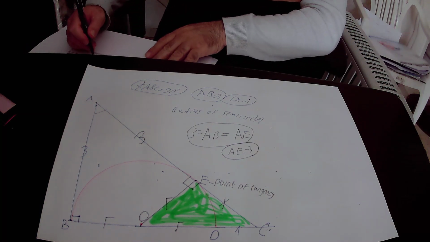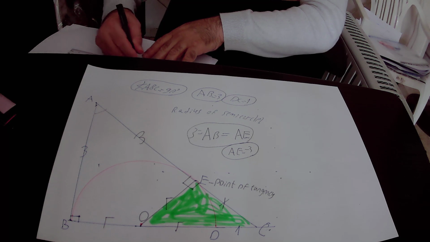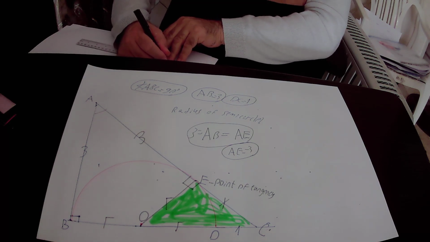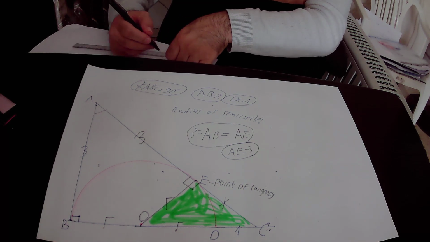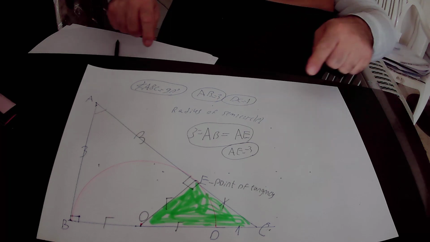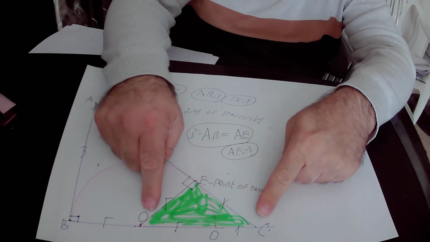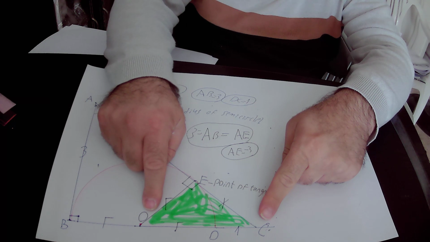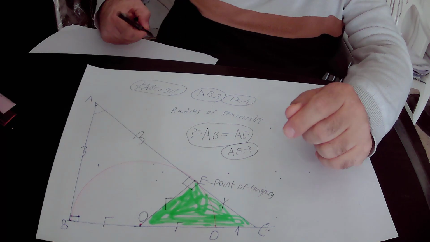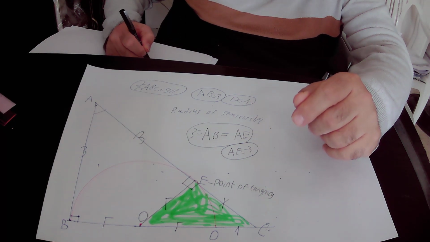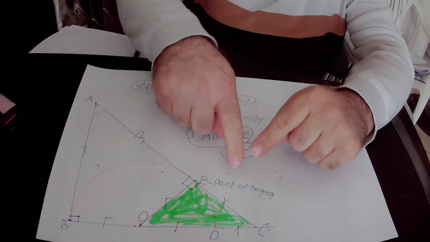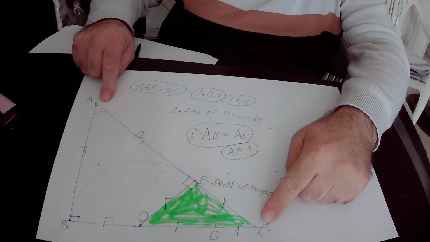And what is the value of OC? The value of side OC of the green triangle is actually equal to R plus 1. And what is the value of AC?